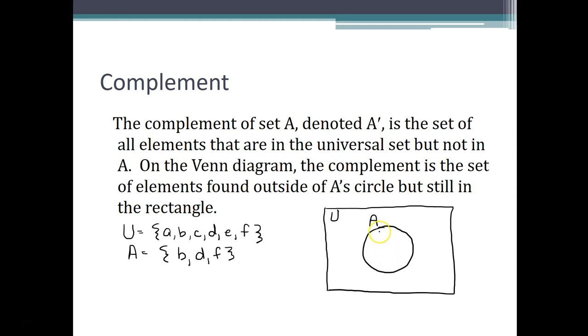Circle for A, that's going to contain B, D, and F. And then the universal set still has A, C, and E in it that are not part of set A.